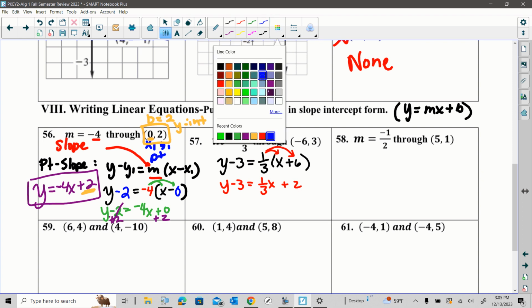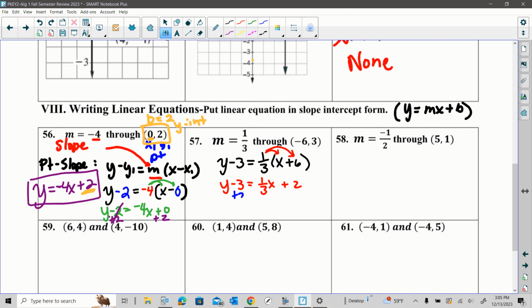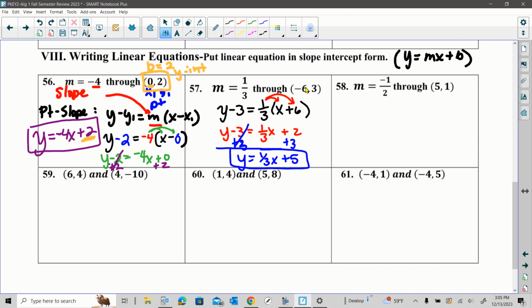Now we're solving for the y, so we have to do the opposite of that -3 to plus 3, sorry. So our equation is y equals 1/3 x plus 5. Okay. So I want you to try to use this point slope form to go into slope intercept form.